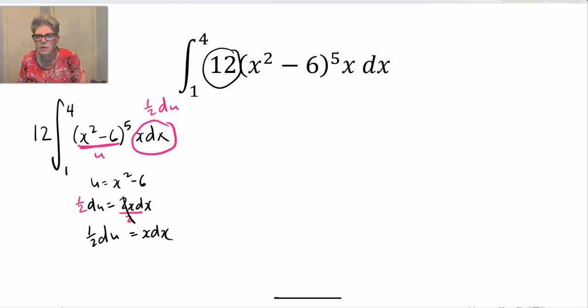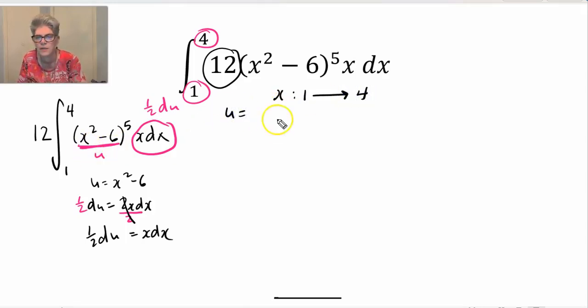So before I write this up in u, there's one more thing we have to change. These limits of integration are with respect to x, and I need to change them with respect to u. So what's happening here? X is going from 1 to 4. But now what are the limits on u?